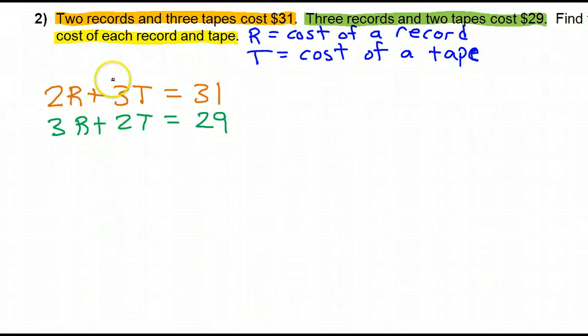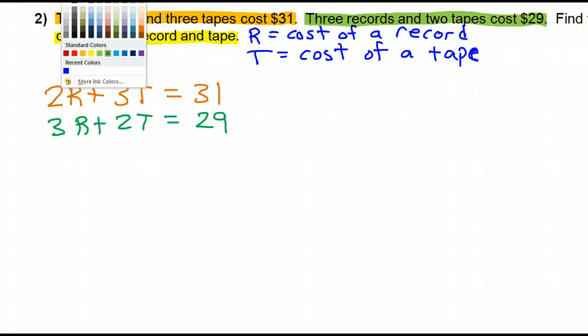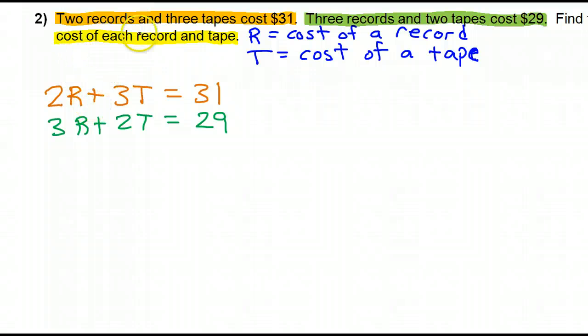So let's do that. The key to the elimination method is we need opposites that cancel. So let's see what's what. It's really up to you whether or not you want to cancel out the R's or the T's. Imagine that you decided in your head to go after the R's. It just doesn't matter.